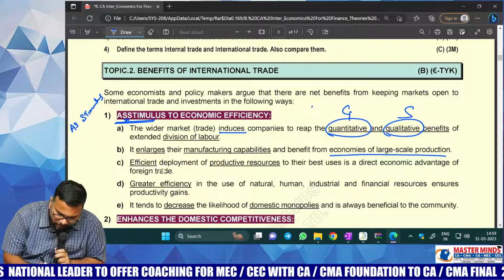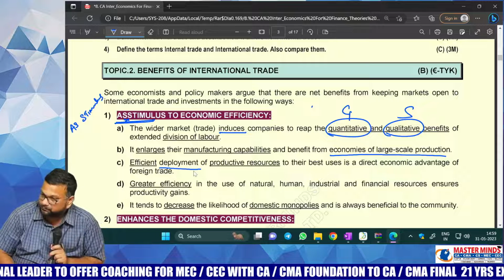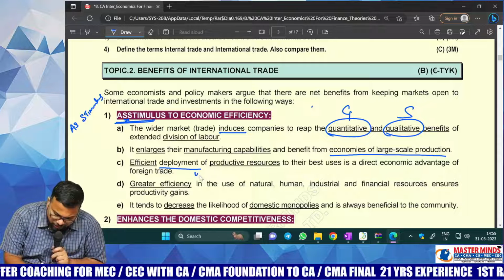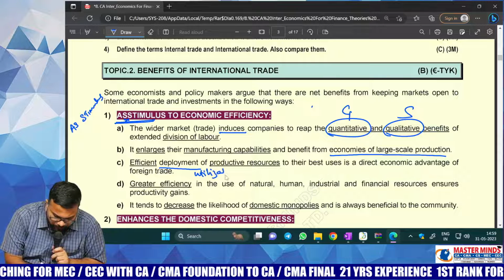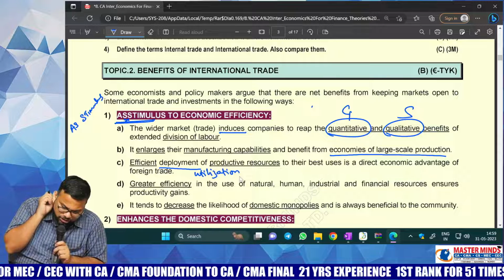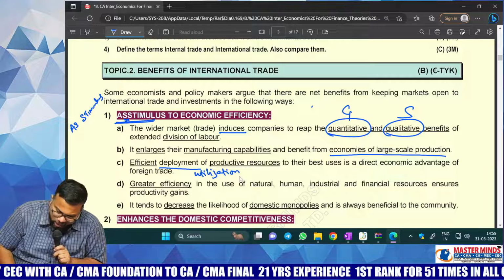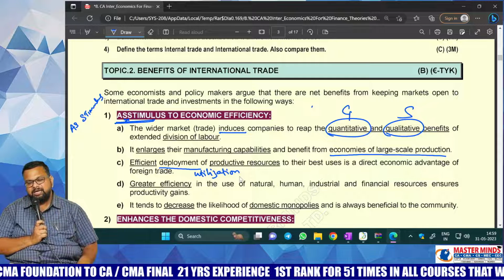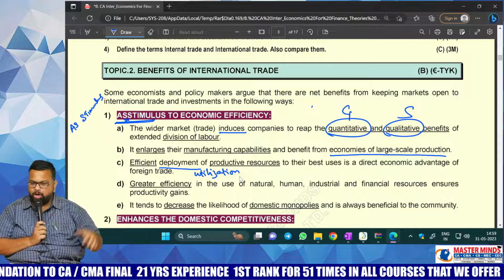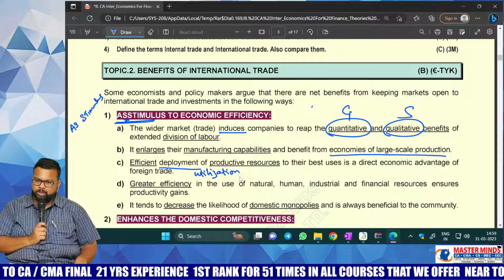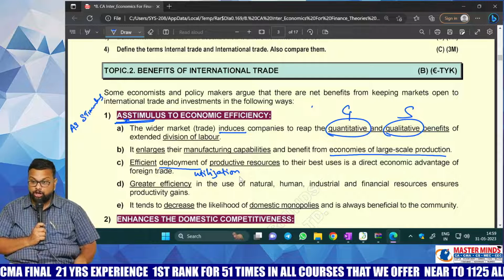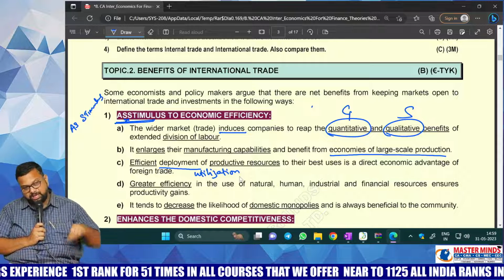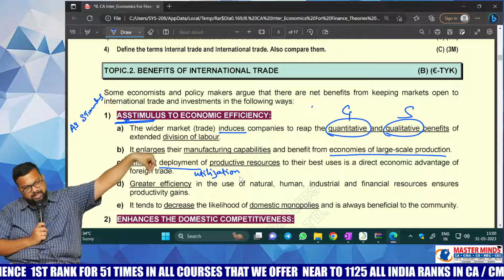Efficient deployment. Deployment means utilization. Efficient utilization or deployment of productive resources to their best uses is a direct economic advantage of foreign trade. One thing that you have to remember is, when you have opened your economy, not only can you sell goods to other countries, but foreign companies can also come and sell goods in India.